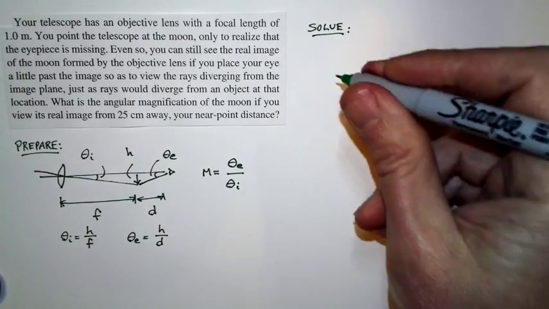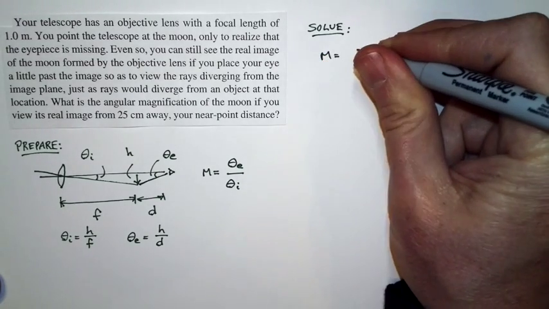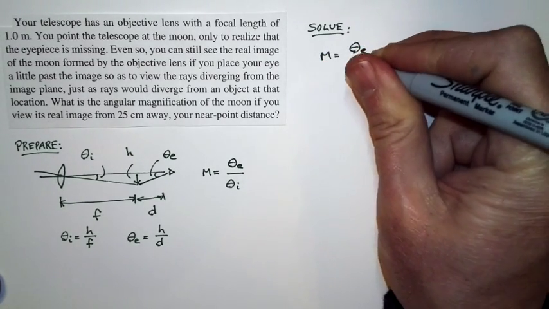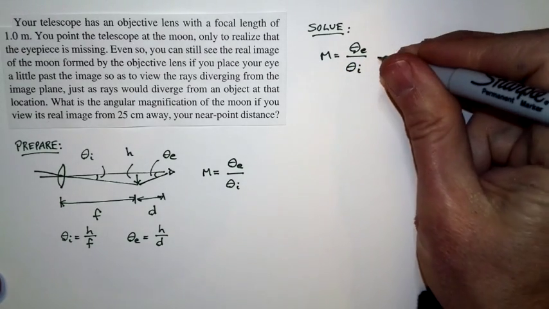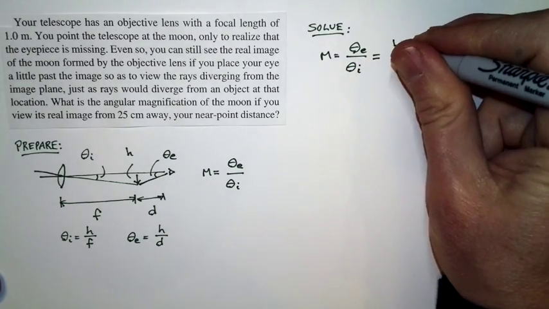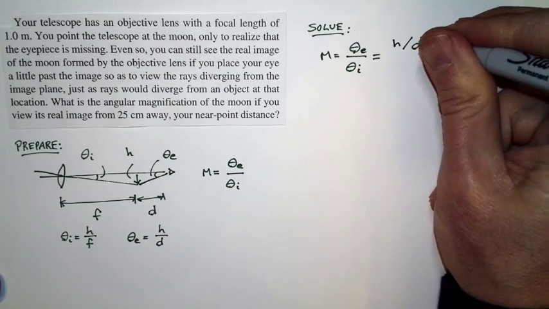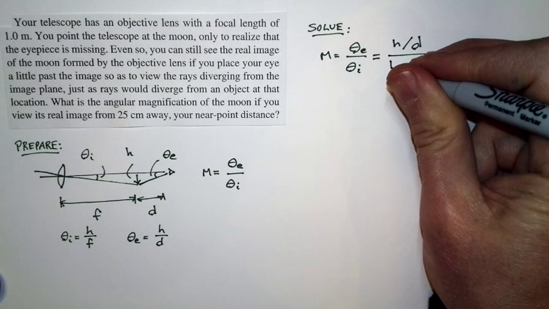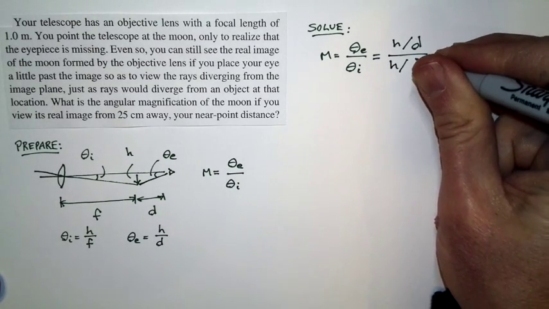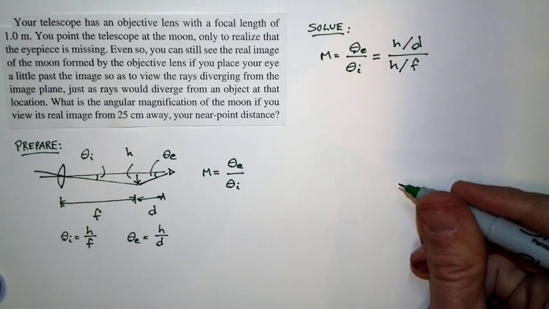And what we get is this. Magnification is equal to the angular size as seen by your eye divided by the angular size of the image. The angular size as seen by your eye is h, the height of the image, divided by d. The angular size of the image is h divided by f, the focal length of the objective.